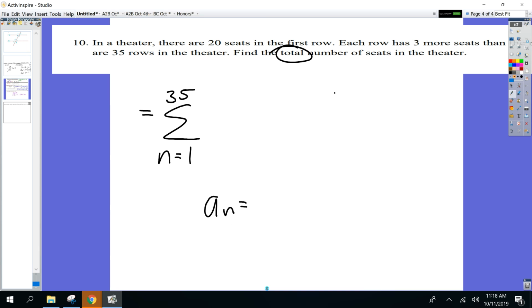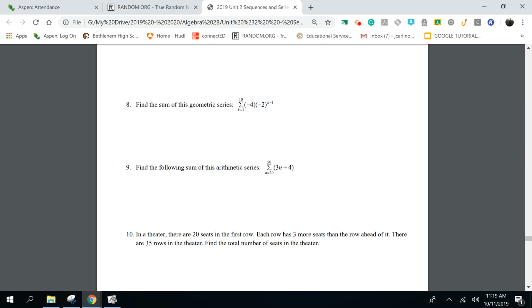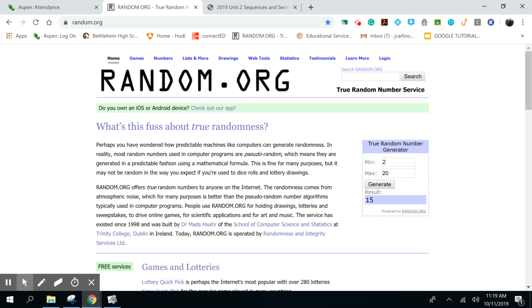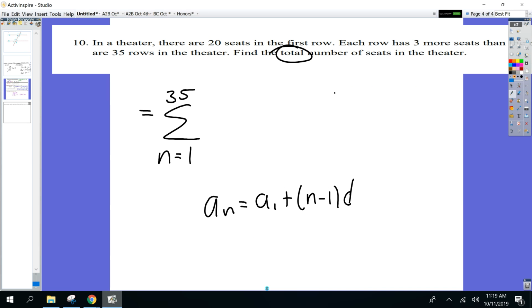A sub n. I'm going to ask somebody to plug in the terms for me. Here we go. What do I plug in for an? I'm finding the formula for the nth term.